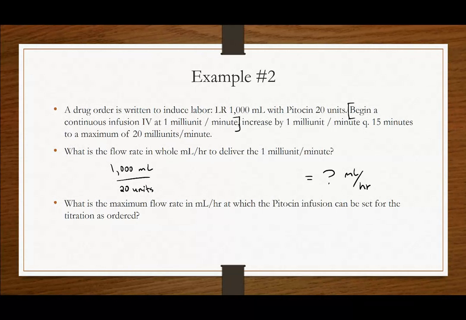So how many milliunits are in 1 unit? The first conversion we'll do here gives us that 1 unit is the same as 1,000 milliunits. I use the abbreviation M unit here for space purposes. We also have the rate given to us at 1 milliunit per minute.